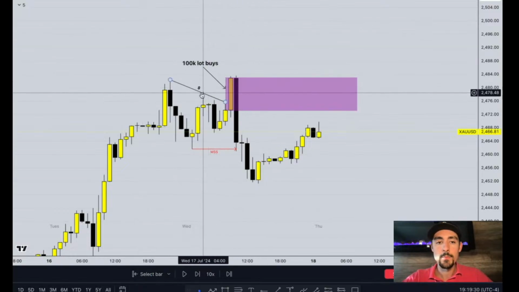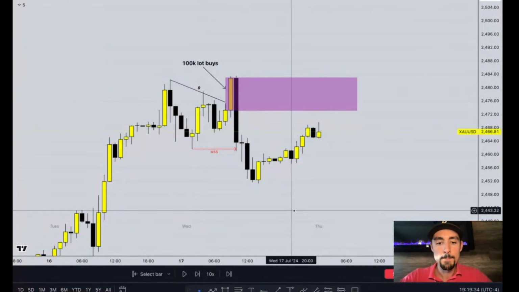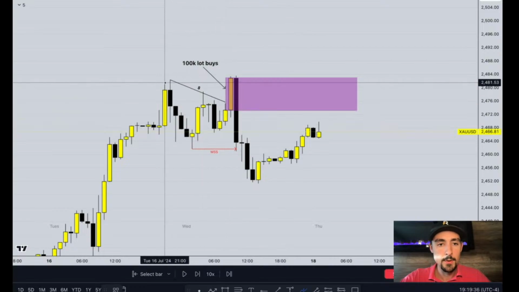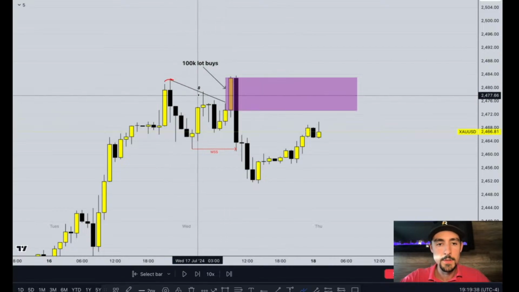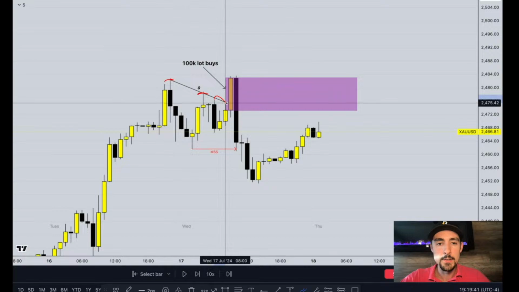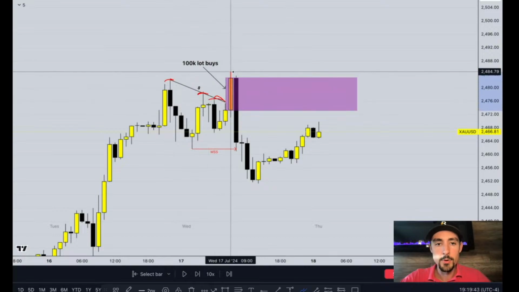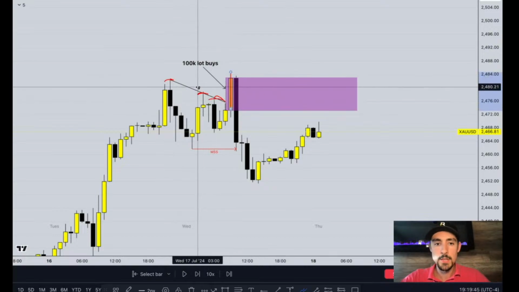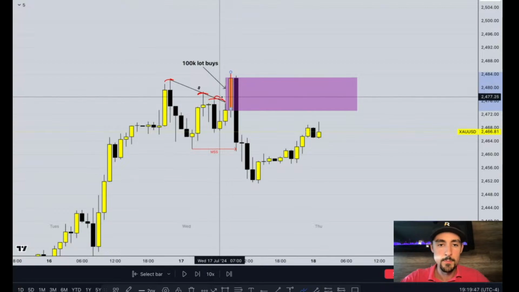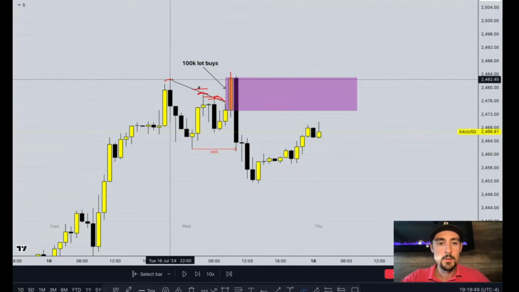Capturing liquidity. We understand that liquidity represents pending orders in the market where price hasn't necessarily traded above this high, hasn't traded above these highs. We then see one aggressive push higher, which anybody that was taking sells would have had their stop losses above previous highs.